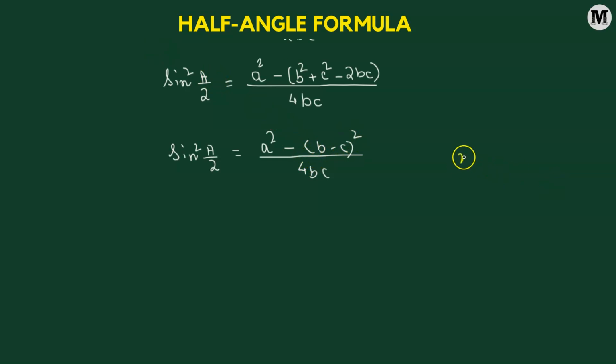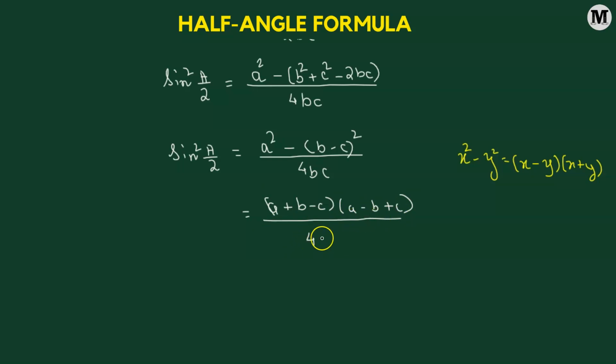If we have x squared minus y squared, this can be factorized to get x minus y times x plus y. Let's use this. We will get a plus b minus c multiplied by a minus b plus c, whole divided by 4 times bc. So this is going to be sine squared A over 2.